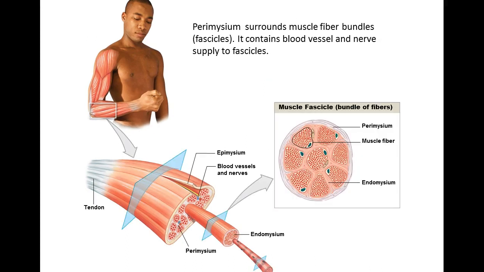The perimysium, the middle layer, is going to surround groups of muscle fibers, and we are going to call those bundles of muscle fibers fascicles. In this area, you need to start introducing and blending in nerves and blood vessels, because this is all living tissue, highly in need of nutrients and oxygen.